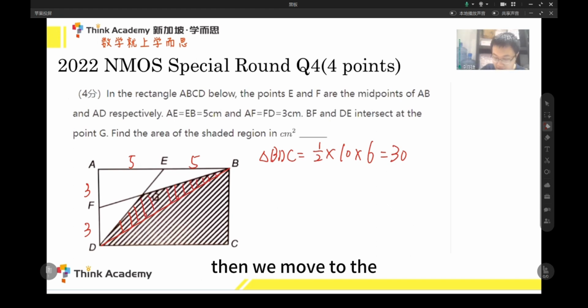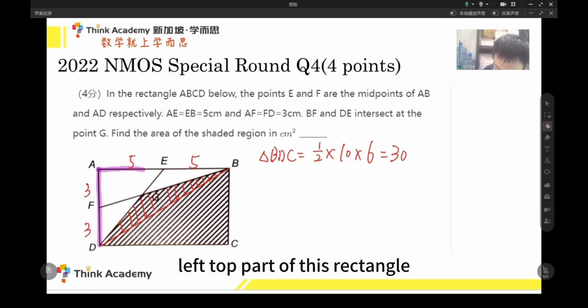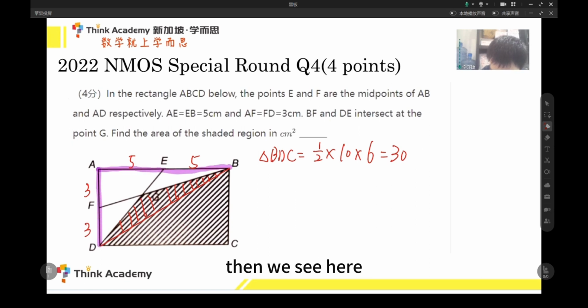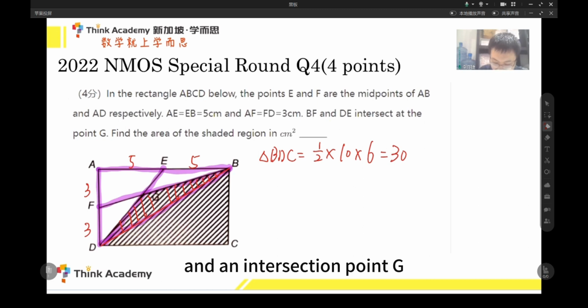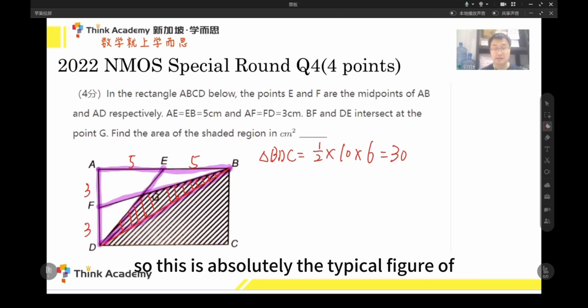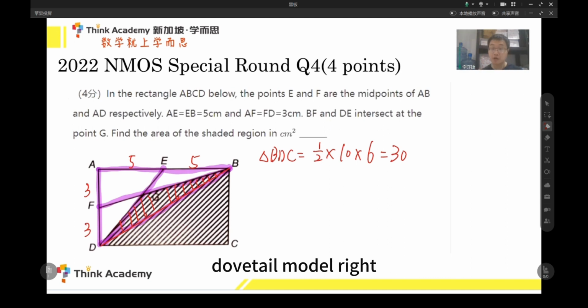We move to the top left part of this rectangle. Here we see a triangle, two intersecting lines, and an intersection point G. This is absolutely the typical figure of the dovetail model, right?